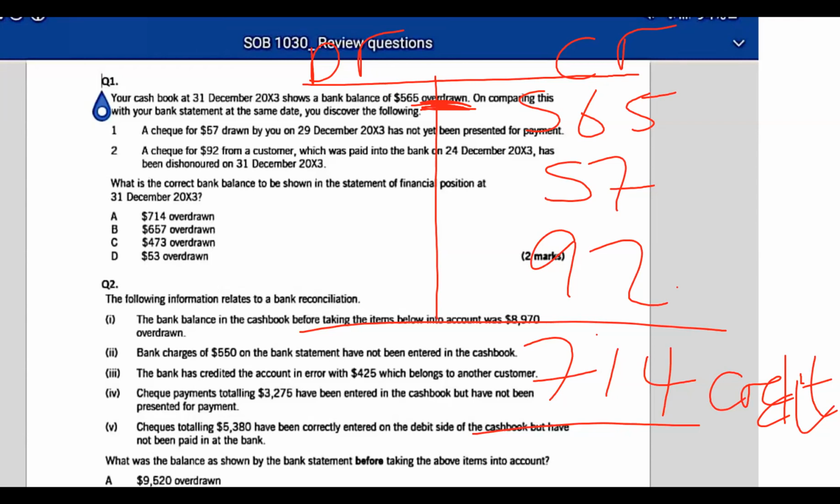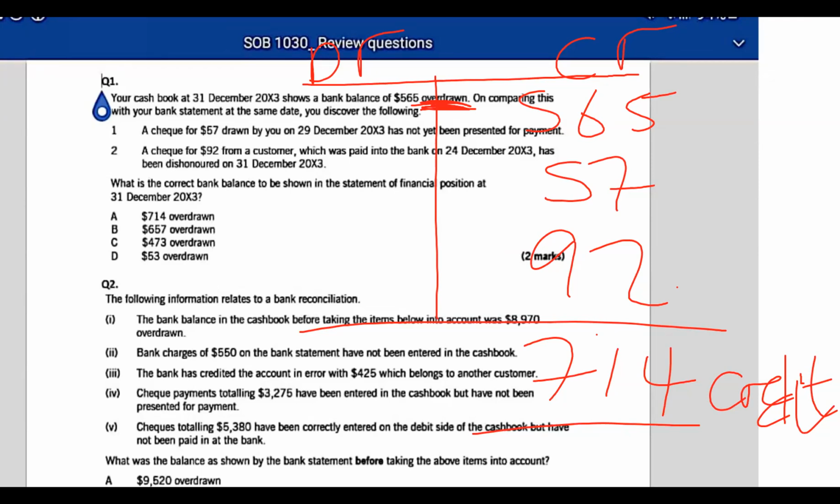A customer gave a check, you deposited the check, but that check has not brought the money. You've discovered that the money didn't enter. Remember, at first when you received the check, before it was dishonored, you recorded it on the debit side.